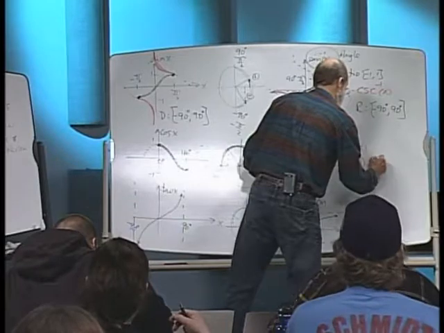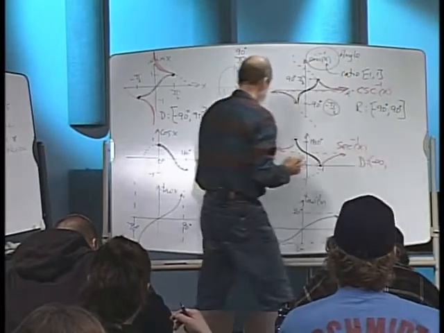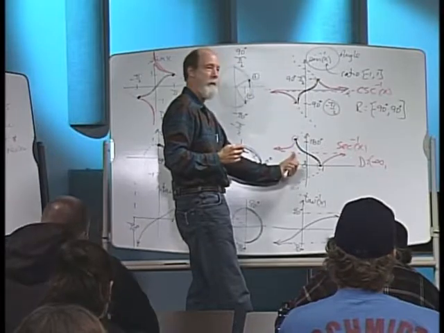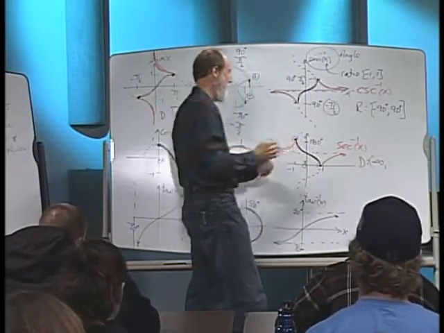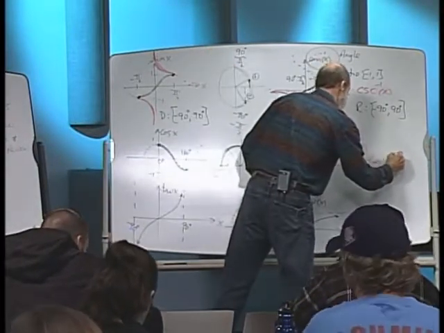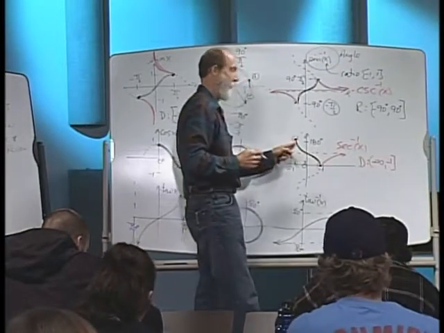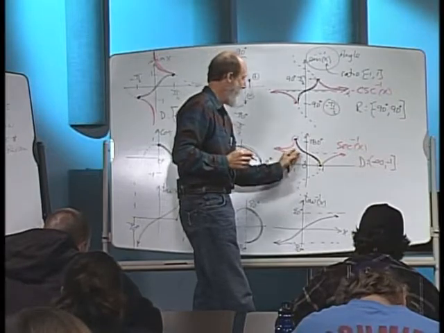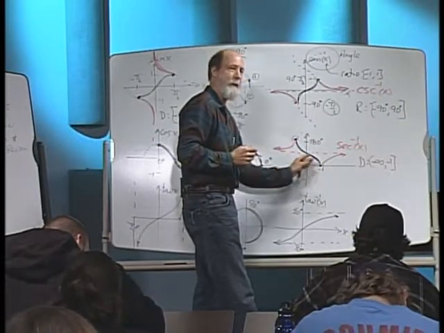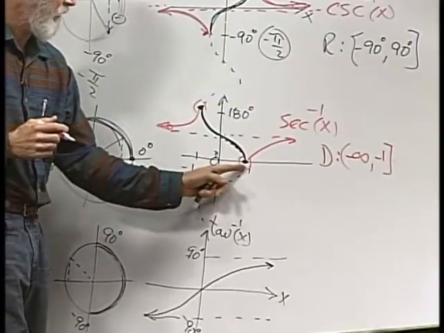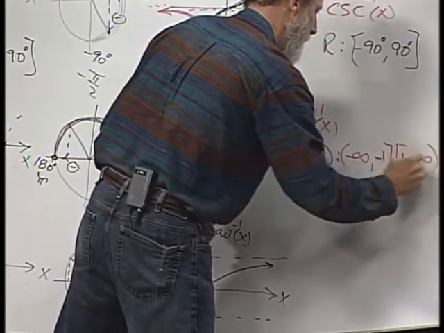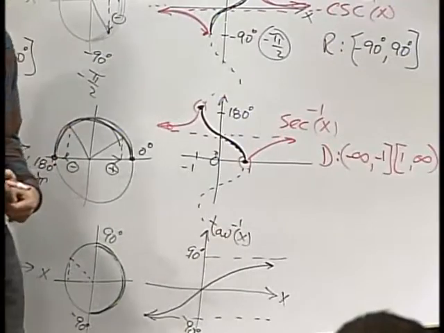Coming over to, help me, -1, including the -1 on the inputs. And then there's a gap. There's a void, a gap. And then it picks up again over here at 1 and continues on to infinity.